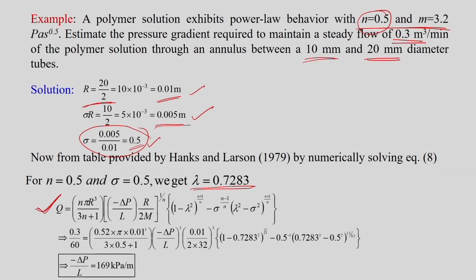In this equation everything is known except minus delta P by L. When you substitute n, R, m, lambda square, sigma values, etc., and simplify, you find the pressure gradient. The pressure gradient you get is 169 kilopascal per meter.